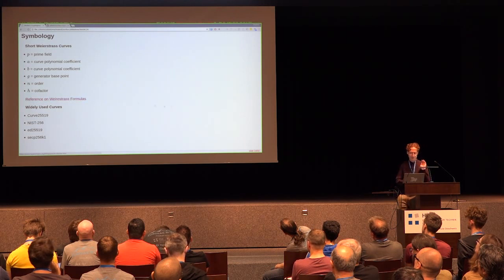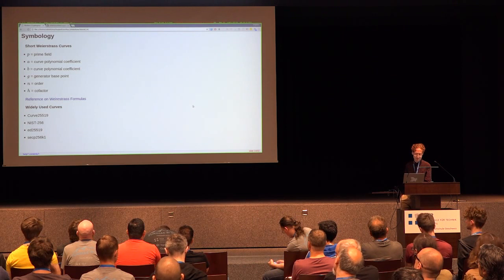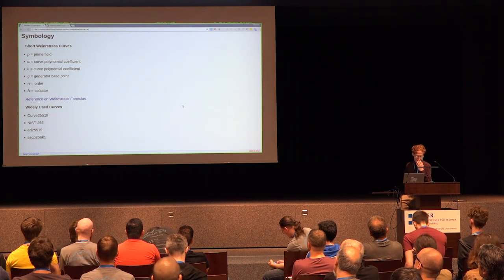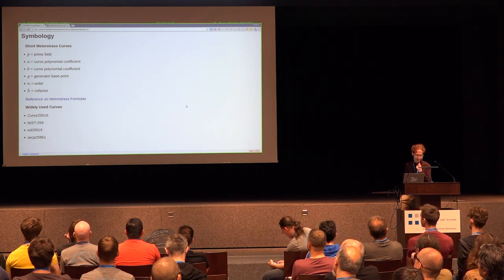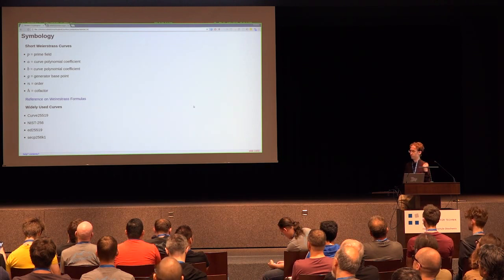There are many widely used, widely studied curves, but Curve25519 is very popular. So P will be the prime field, A and B are the two coefficients in the elliptic curve equation, and G is the generator base point. And then N is the order of the group, which is the number of elements.